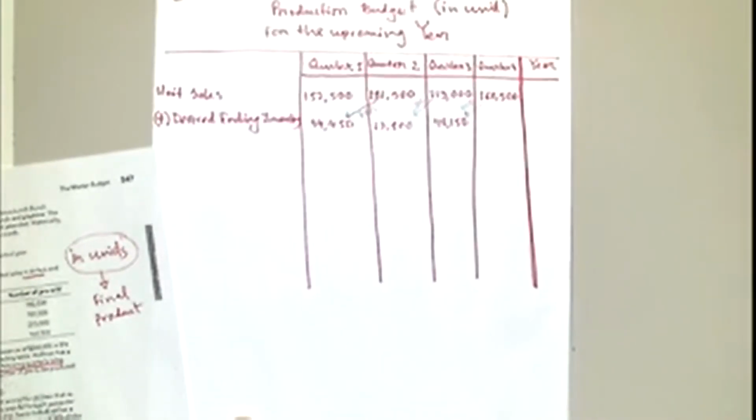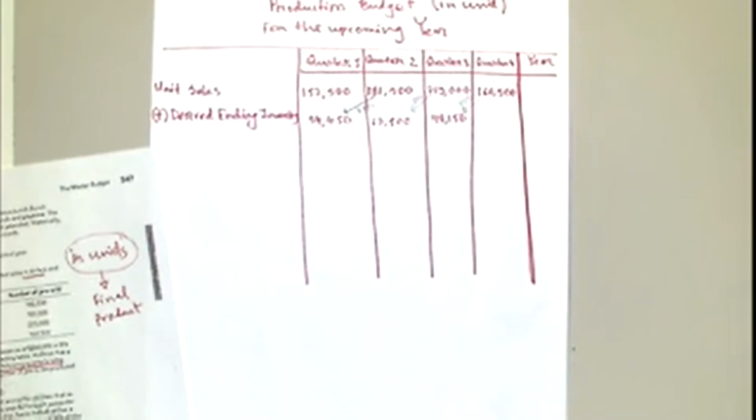Now, the tricky one. Last quarter, quarter 4's ending inventory. So when you are in quarter 4, what is your following quarter? Following quarter means the first quarter of the following year, right? So now you have to check if there is any information talking about your following year's first quarter sales. Right, you actually have it.